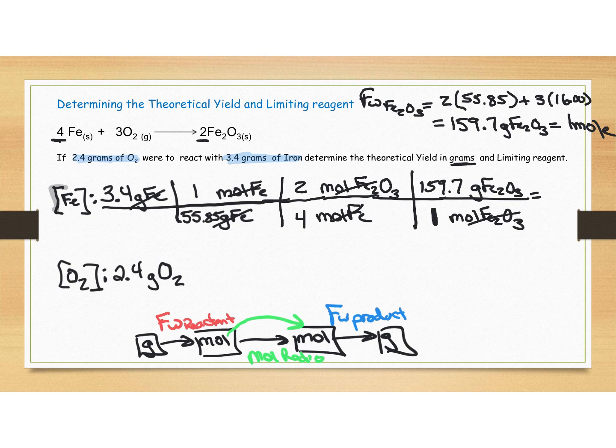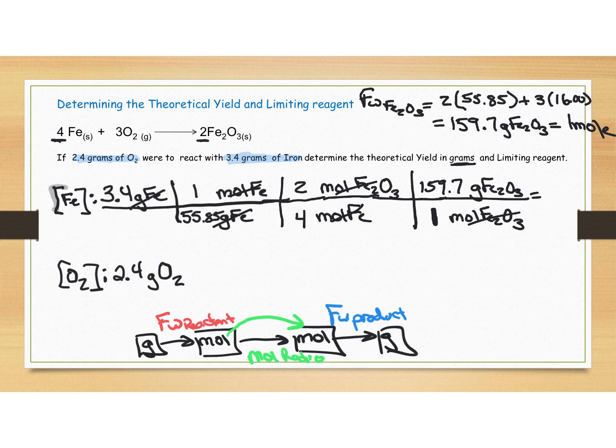Okay, so now I got this big long conversion, dimensional analysis. I multiply through whatever's in the top and divide by what's in the bottom. So on my calculator, I would put in the 3.4 times 1 divided by 55.85 times 2 divided by 4 times 159.7 divide by 1.